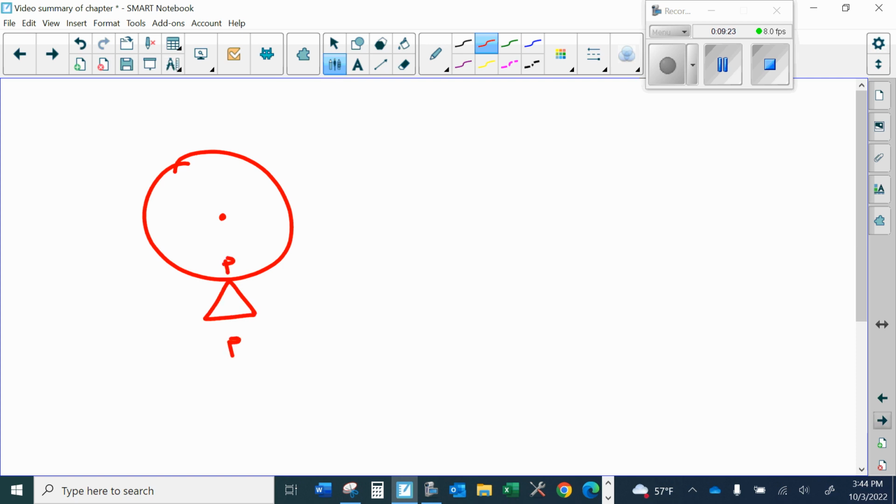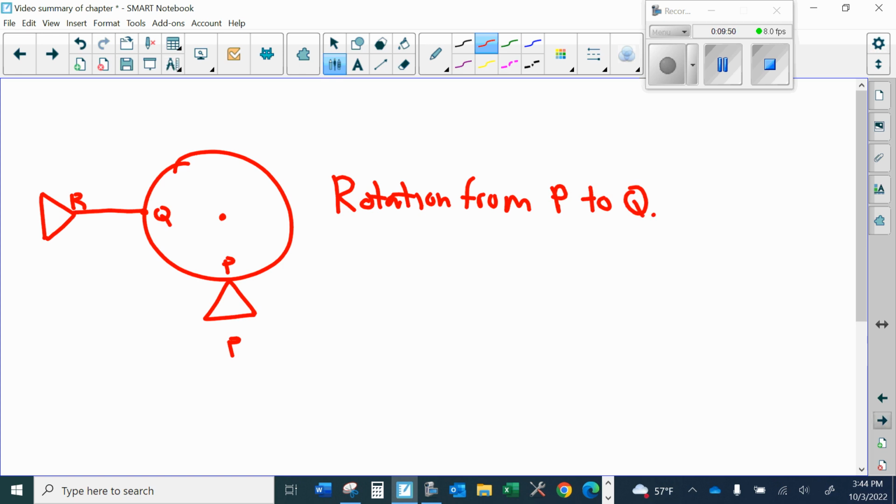Let's call this T, that Q, and this R. So I say I have a circle, so it's a rotation from P to Q. That takes me to right there.